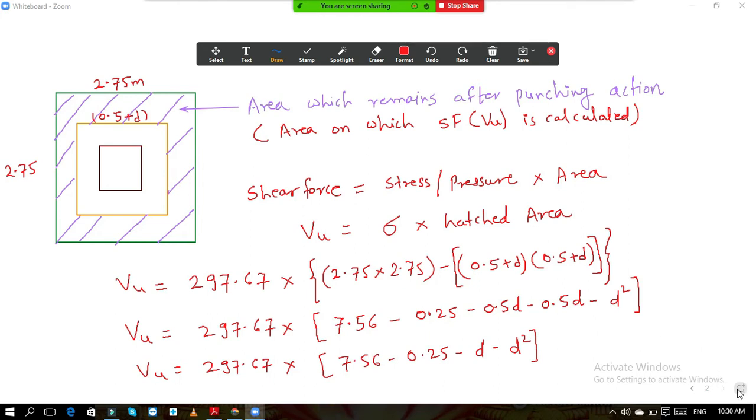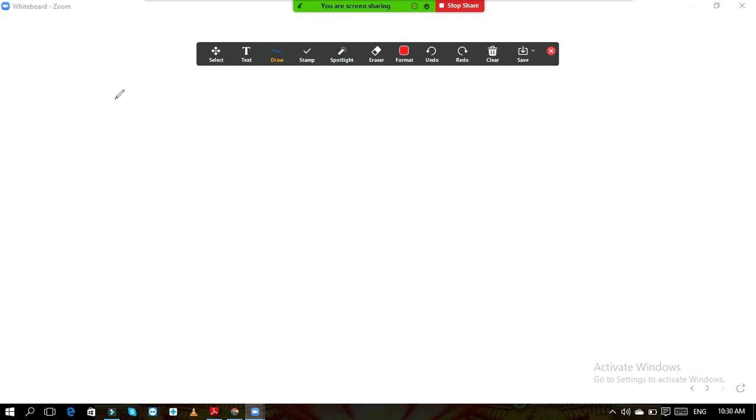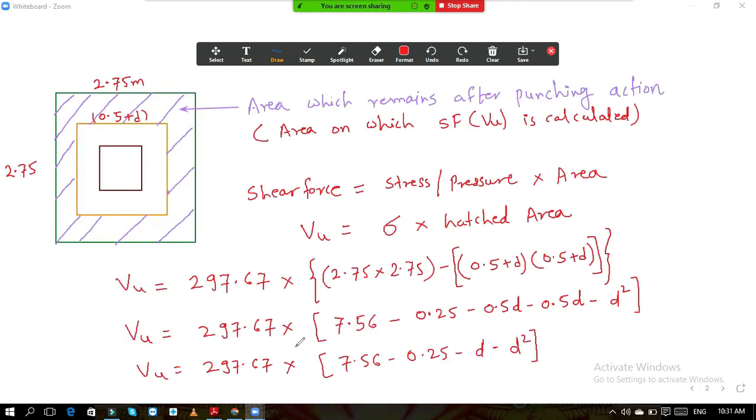So Vu is equal to, I will do the calculation with you. 297.67. First of all, how much is it? 7.56 minus 0.25, so it will become 7.31.